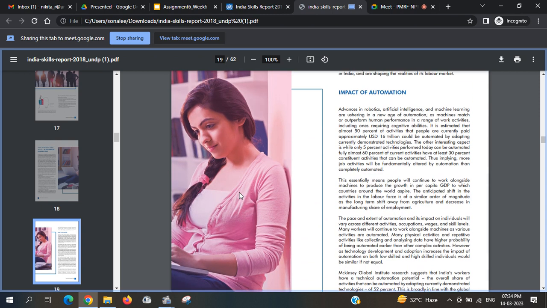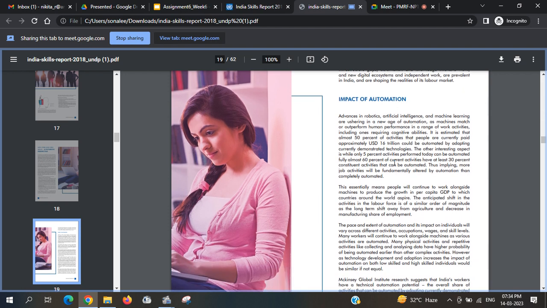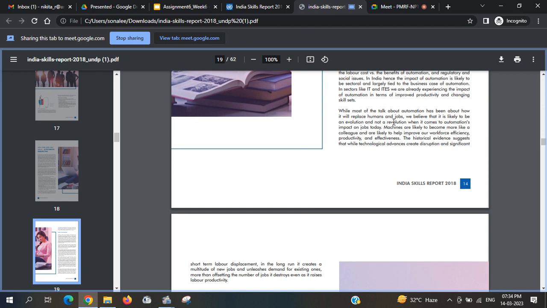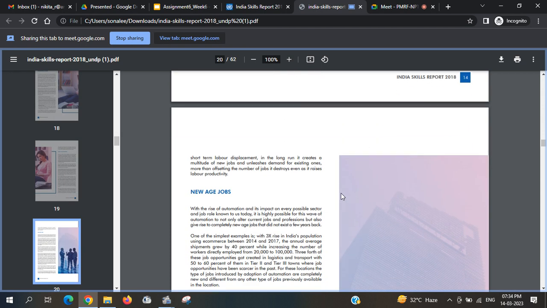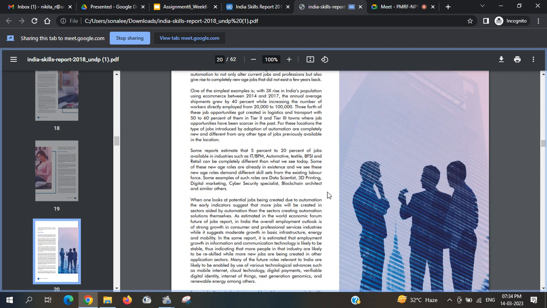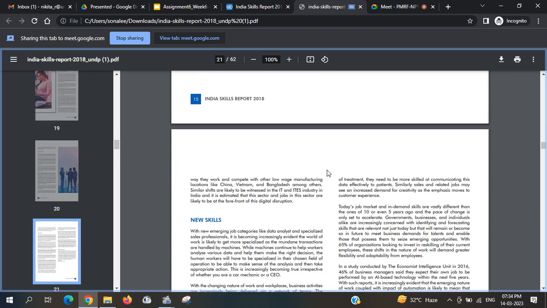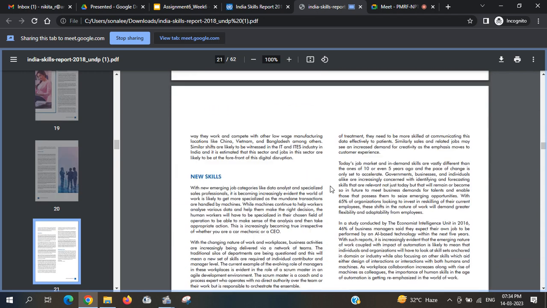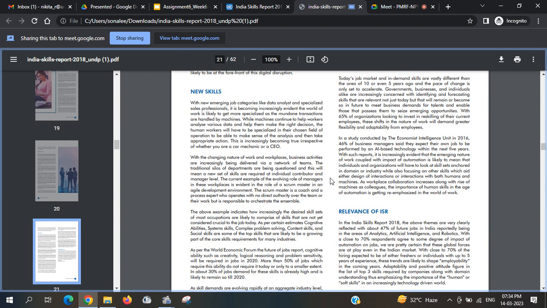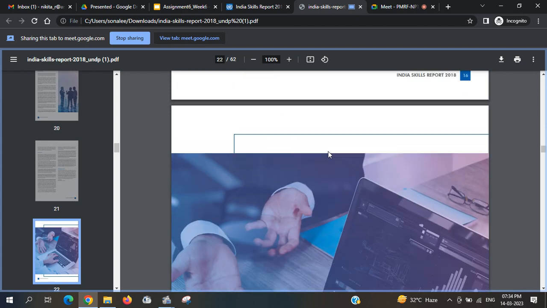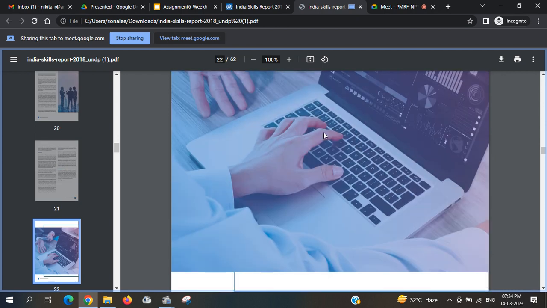So it discusses several things like the impact of automation in industries in India, how it has affected the skills and employability, and the employment structure of India and Indian industries. What are the new skills that are required in present day scenario.